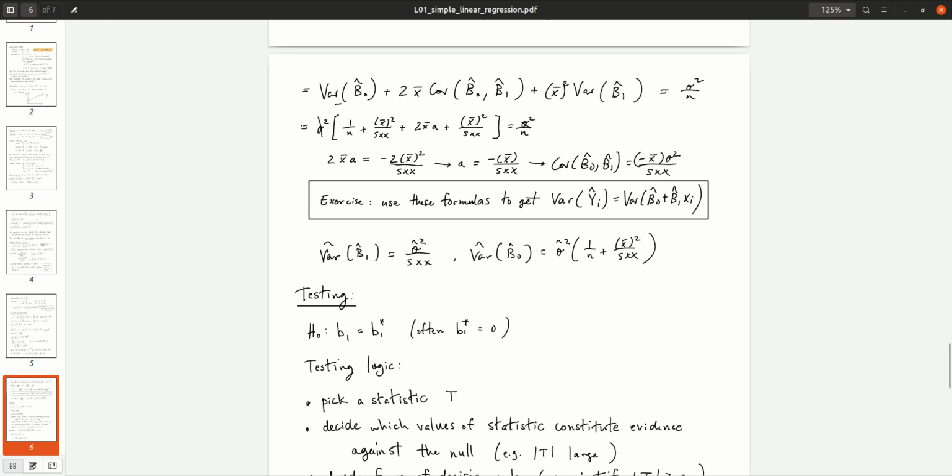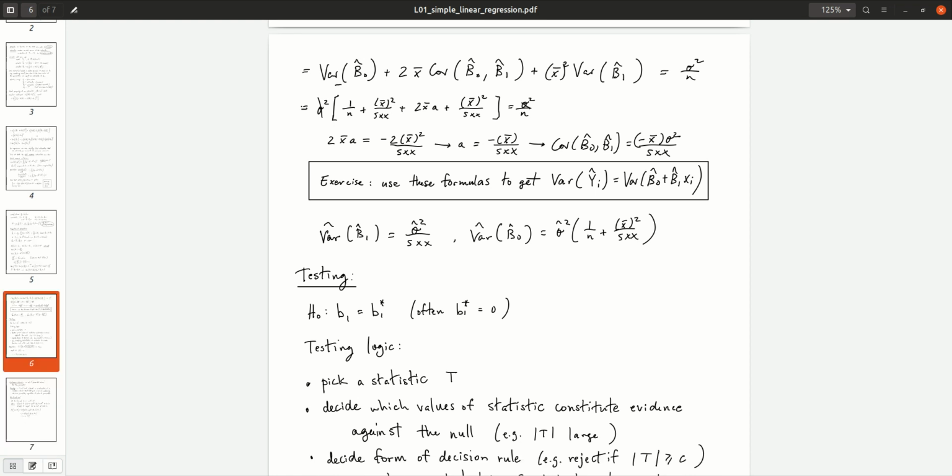My notation here, when I plug in the estimate for sigma squared, sigma hat squared, into the formula for the variance of b1 hat, I'm just going to put a hat over the variance. So variance hat of b1 hat is sigma hat squared over Sxx. Variance hat of b0 hat is sigma hat squared times the rest of the formula.